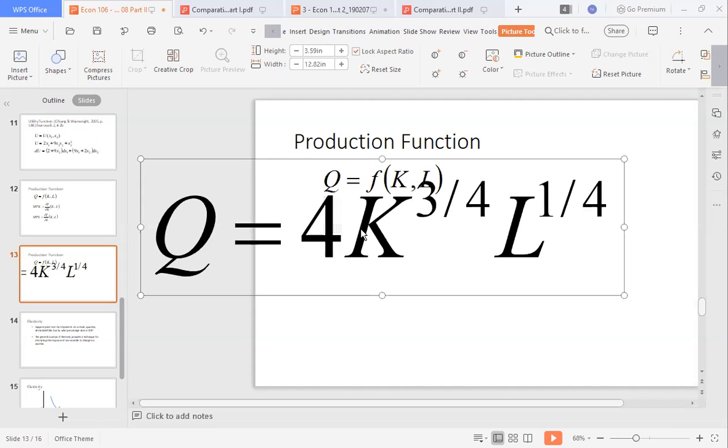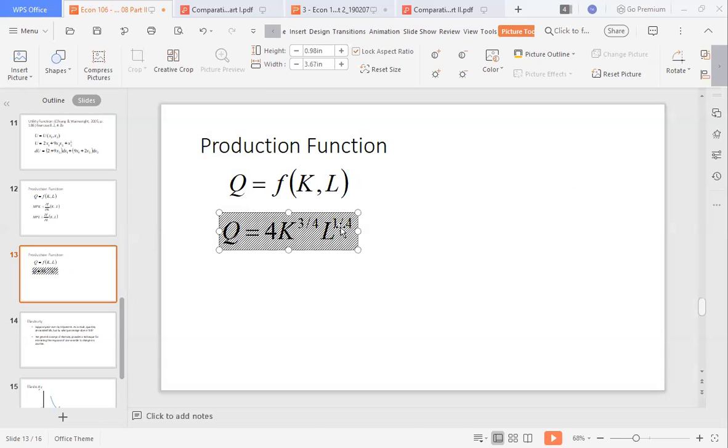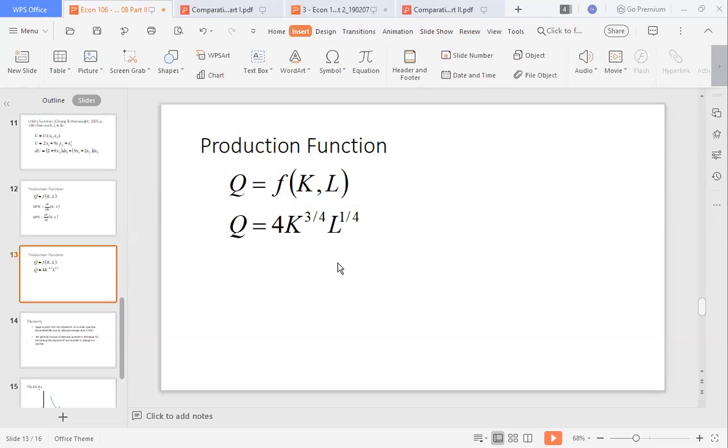So supposing with our Cobb-Douglas production function, Q is equal to 4 K raised to the power of 3 over 4, L raised to the power of 1 over 4. So again, this is a Cobb-Douglas production function, which means the coefficients should sum to 1.